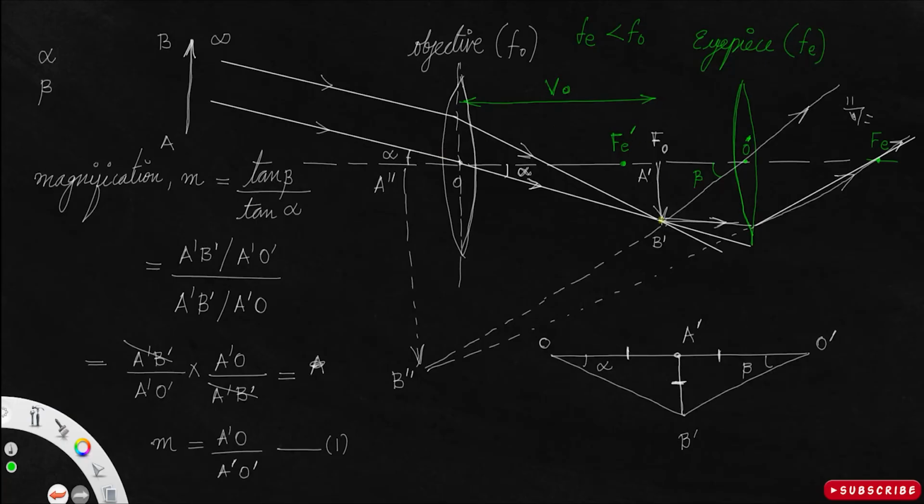And the same image A dash B dash acts as an object for the eyepiece, so this will be UE. Object distances are usually measured as U.